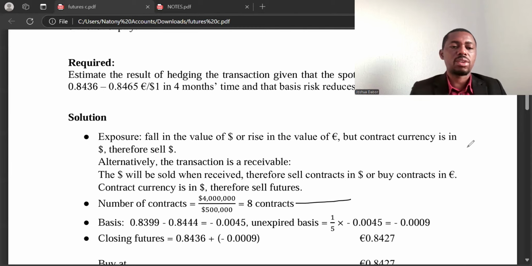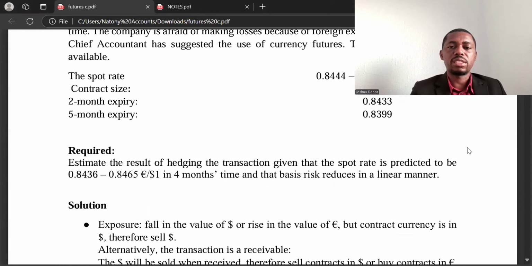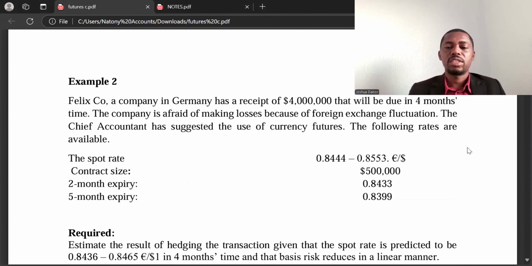So now, what is the lock-in rate? How do you calculate the lock-in rates? But before we go to the lock-in rates, let's look at the basis. In this question, is there basis in the question? In the former or in the last example, I said anytime the spot rate is different from the futures price, that means there is what?